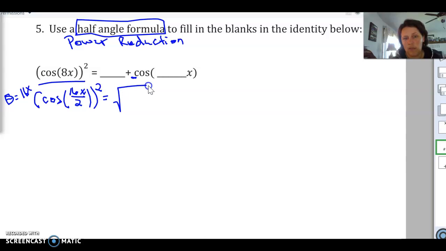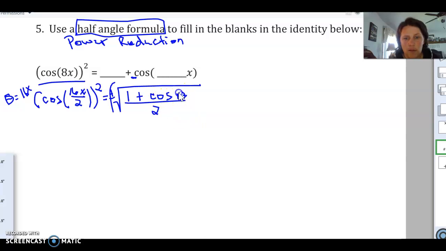The formula for the half angle identity of cosine is equal to plus or minus the square root of 1 plus cosine theta over 2. Oh, I just did what I said we had to be careful with. What do we want this theta to be?